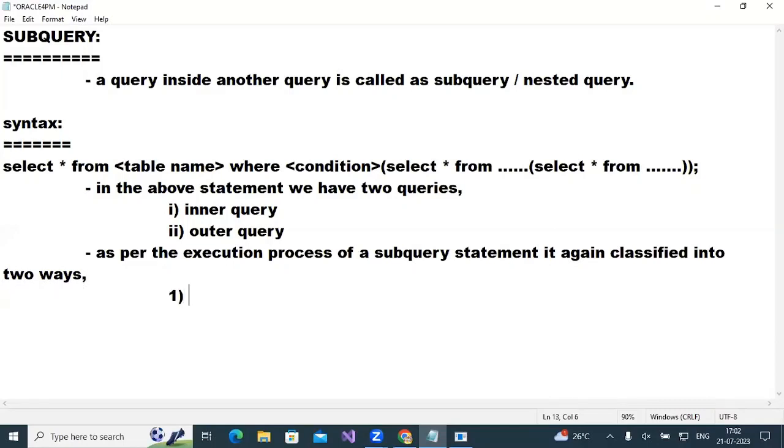The first one we call a non-correlated subquery, and the second one is called a correlated subquery.